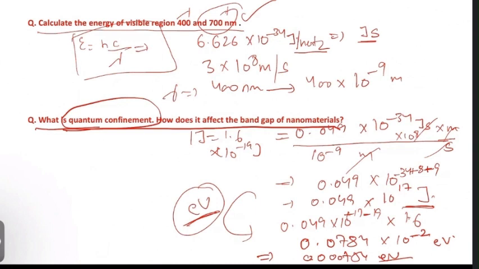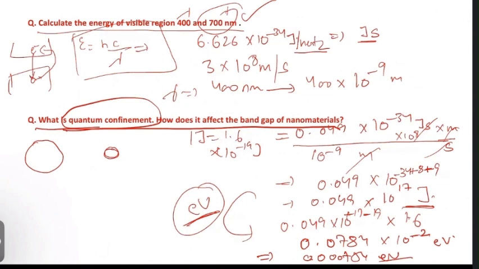So quantum confinement. Suppose we take a particle of this size and a particle of this size. When an electron moves from the valence band to the conduction band, an electron-hole pair is generated.